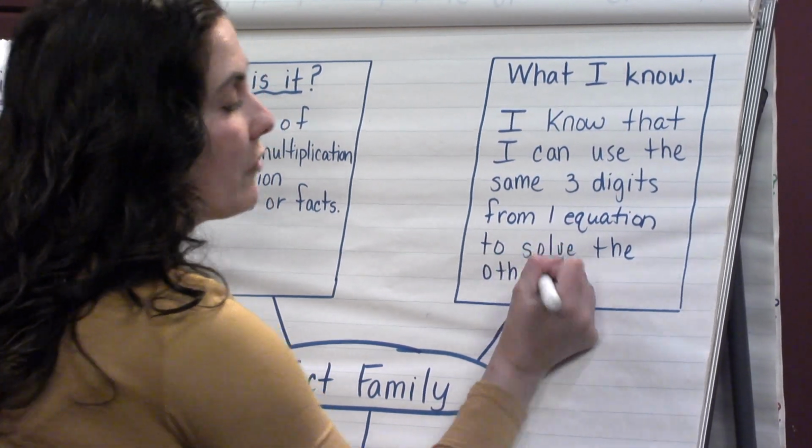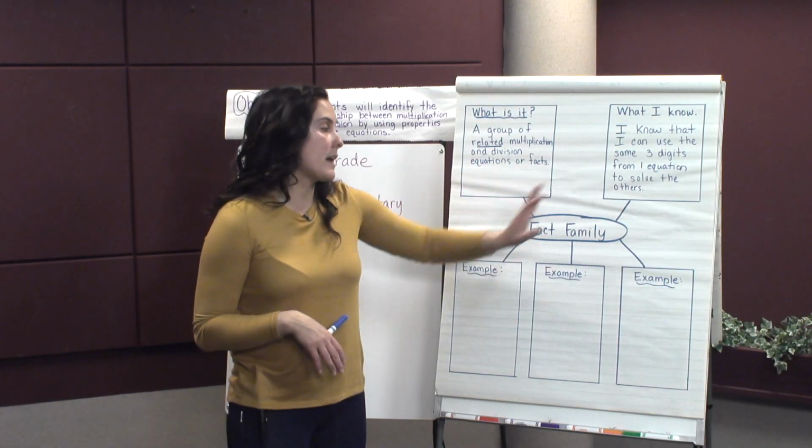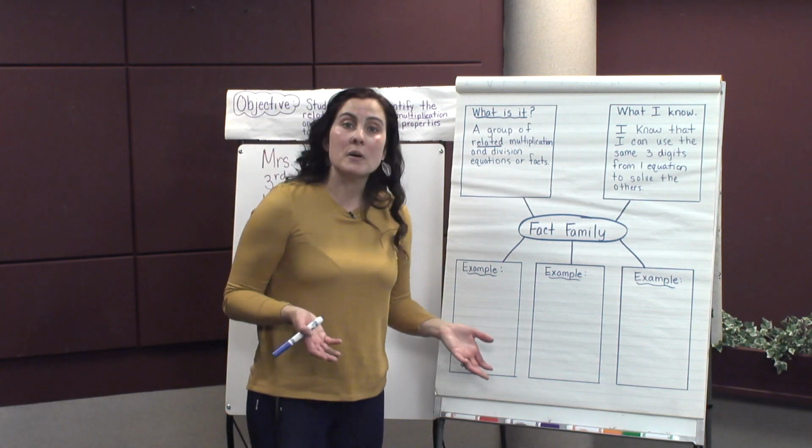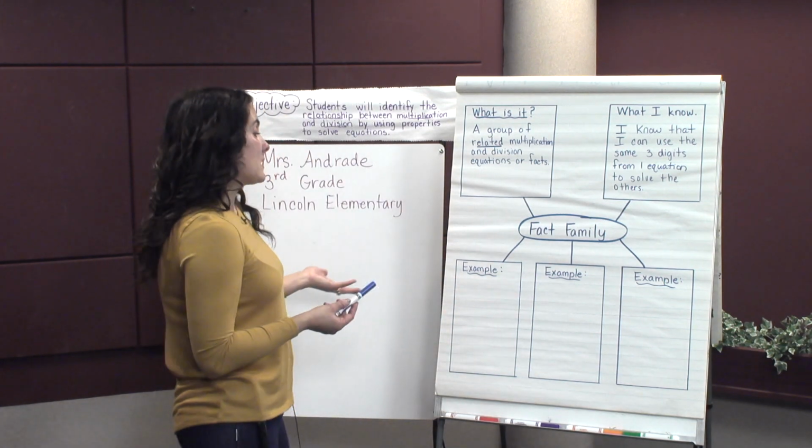That's what I know about fact families. So I've identified what it is, what I know. Now they want 3 examples. So we're going to show 3 different things that we've learned with fact families.